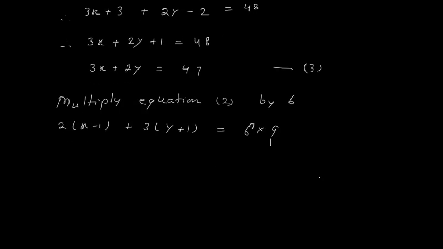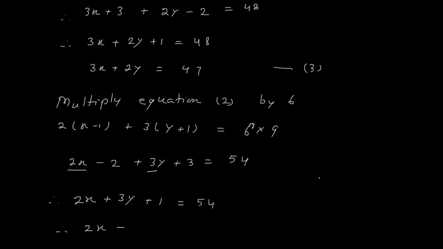So this gives me 2x minus 2 plus 3y plus 3 is equal to 6 9s are 54. Now this is 2x plus 3y, and minus 2 plus 3 is plus 1, equal to 54. So therefore I have 2x plus 3y is equal to 53. This is our equation number 4.